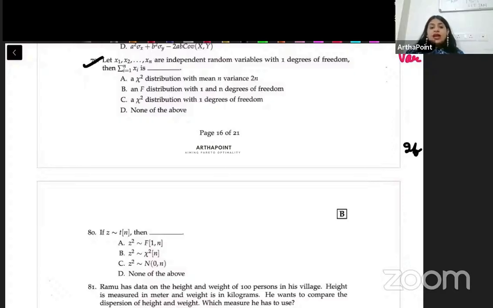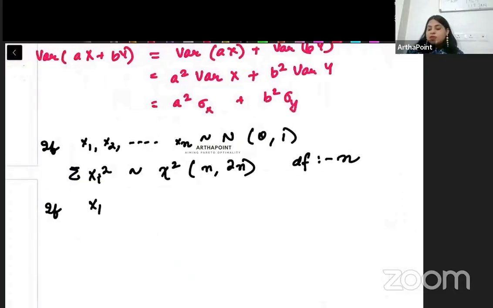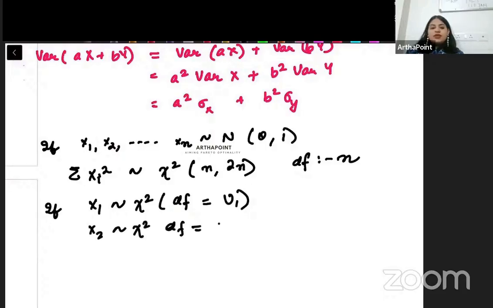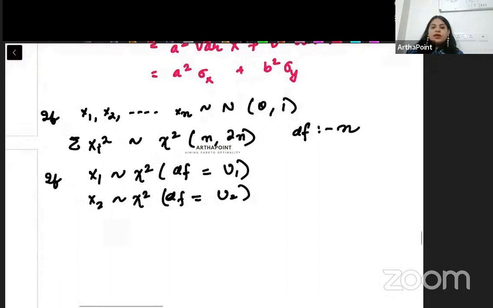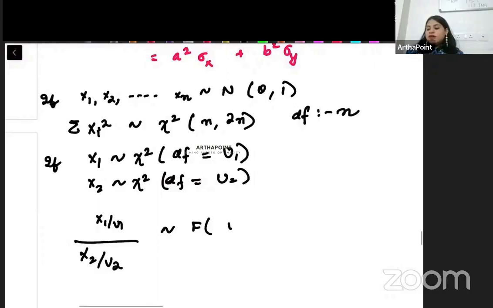And if your x1 is chi-square distributed with degrees of freedom, say v1, and your x2 is chi-square distributed with degrees of freedom, say v2, right? Then beta, x1 by v1 upon x2 by v2 will be distributed F with degrees of freedom v1 and v2, right?